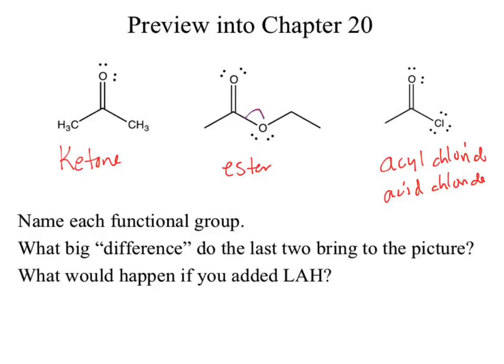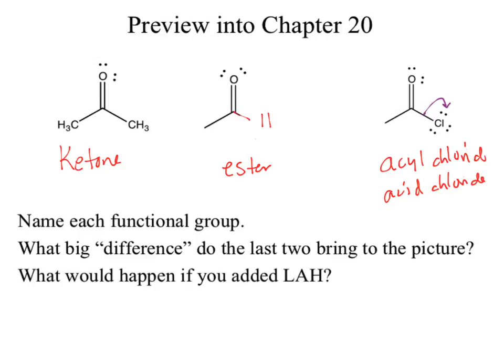If it starts to withdraw those electrons, what do we have? We have a leaving group potential in those last two. Do we have a leaving group in the ketone? No. So what happens when we react the ester with, say, lithium aluminum hydride?